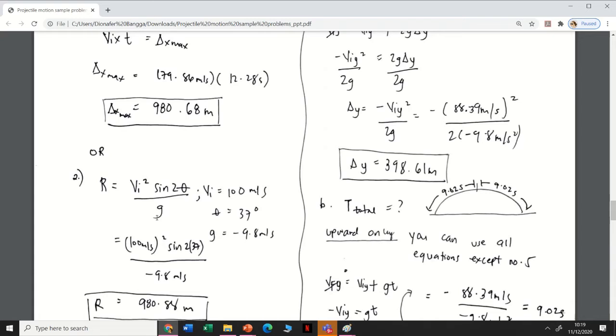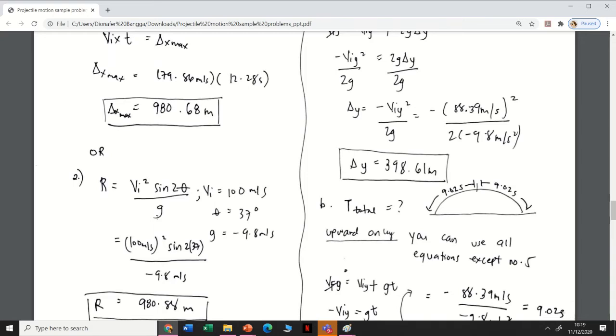Since we already have the initial velocity of the projectile, 100 meters per second, the angle of 37 degrees, and the g, you can simply substitute everything. You would have a range value of 980.88. So that is your first option.